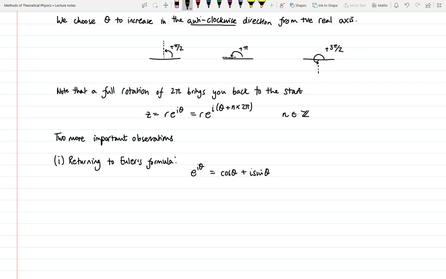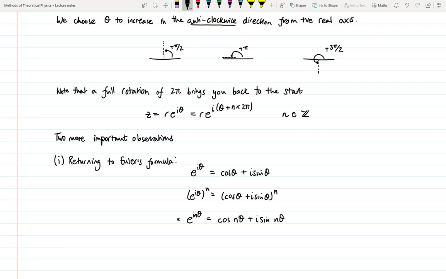Now, if we take both sides to the power of n, we have e to the i theta to the n is cos theta plus i sine of theta to the n. Alternatively, when we take e to the i theta to the power of n, we can bring the n inside the bracket. So this is equivalent to e to the i n theta, and using Euler's formula as on the first line, we have cos of n theta plus i sine of n theta.